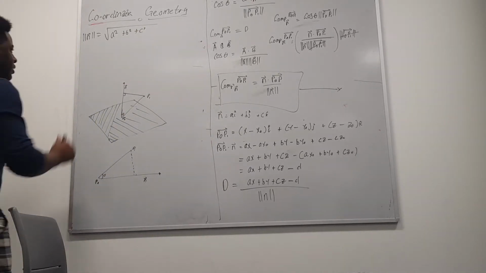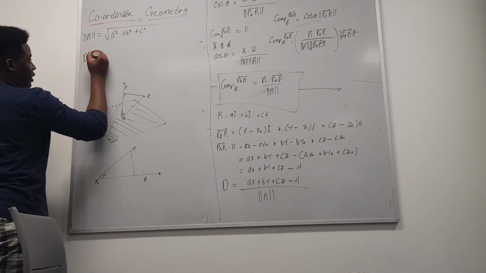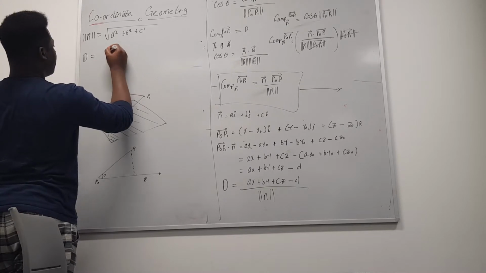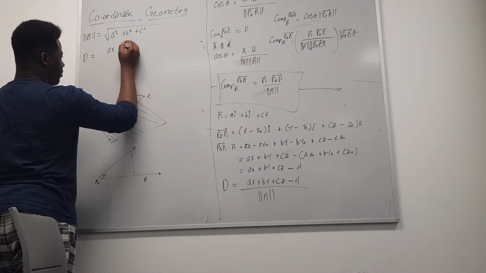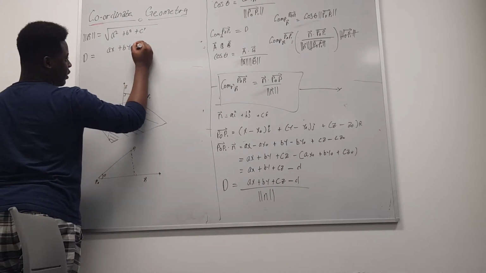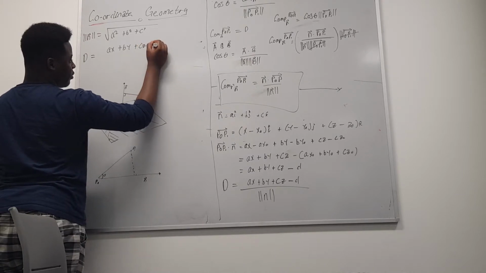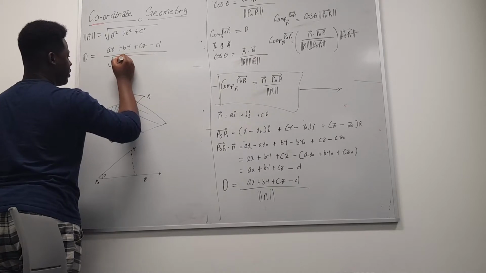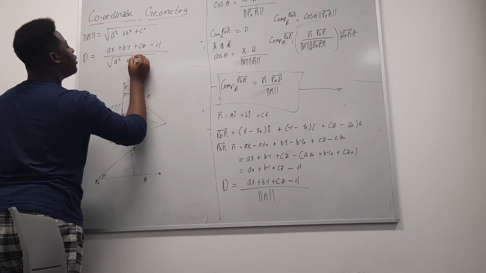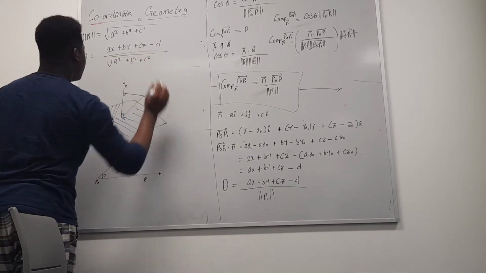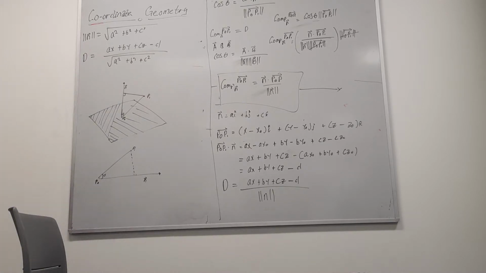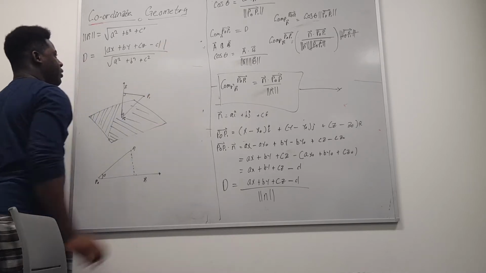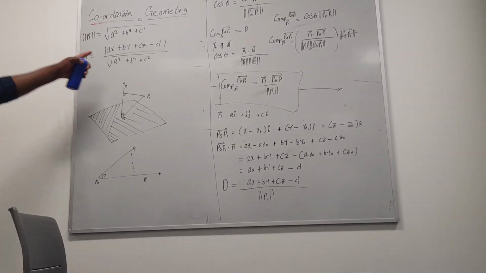So the distance between the point and the plane is ax plus by plus cz minus d divided by the square root of a squared plus b squared plus c squared. But this has to be an absolute value, because distance can't be negative. So distance is the absolute value of this divided by this.